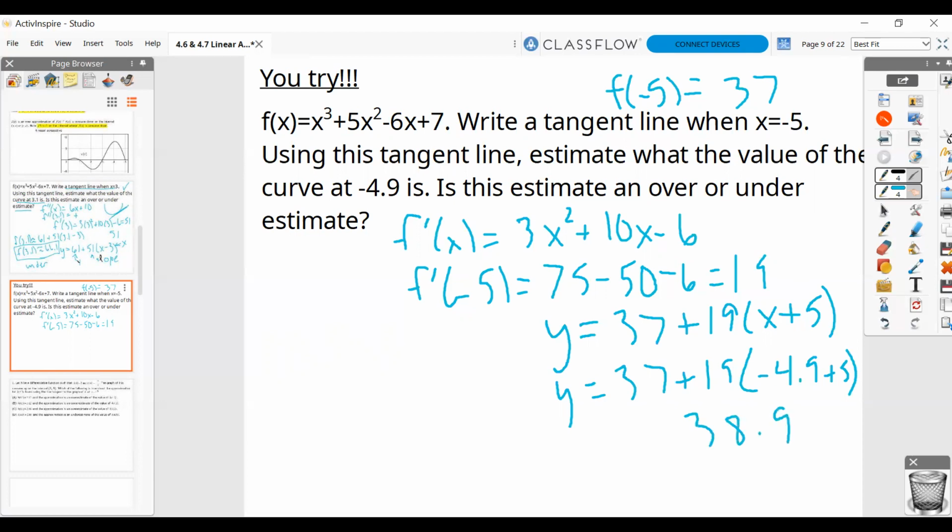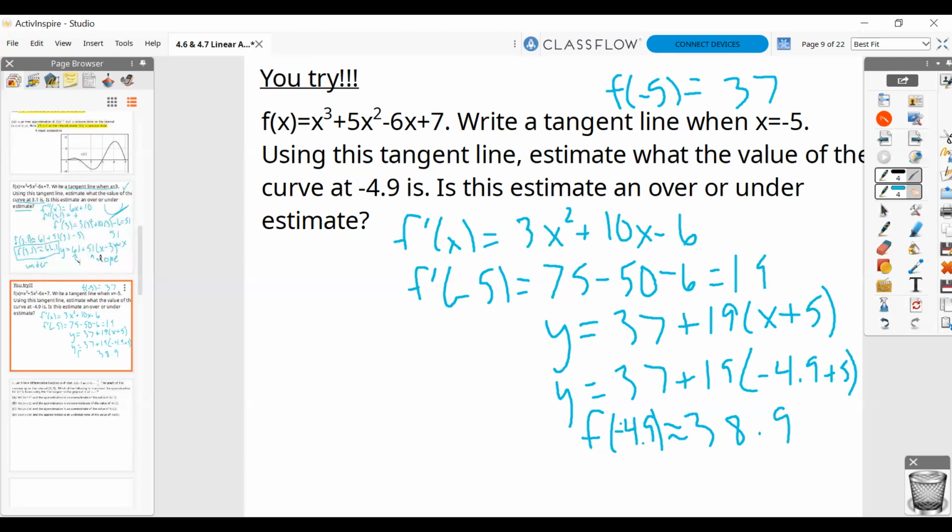If we do 19 times 0.1 plus 37, we're good to go there. So this is our approximation of negative 4.9, with a little squiggle symbol there. We're dealing with an approximation.